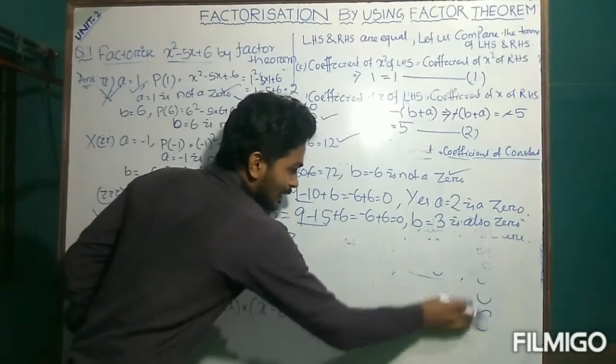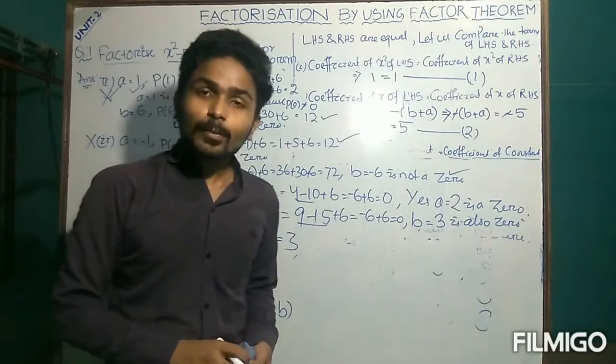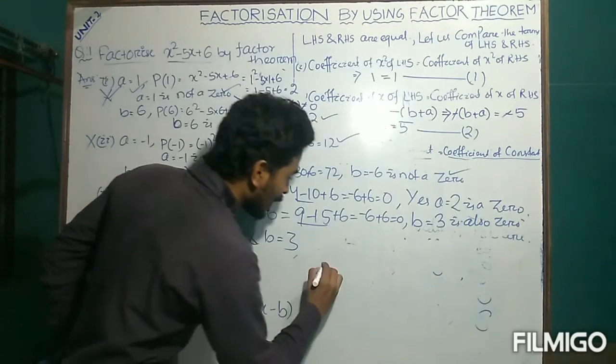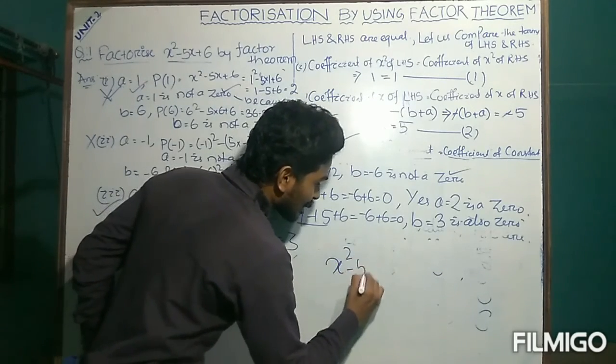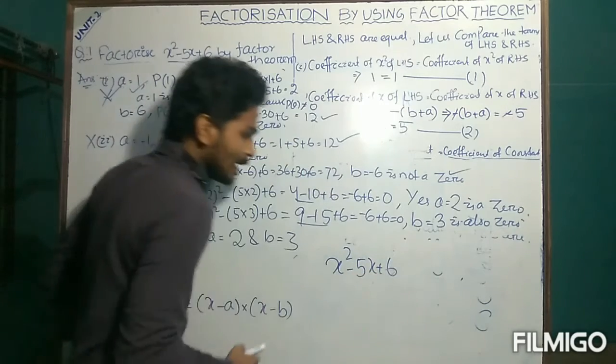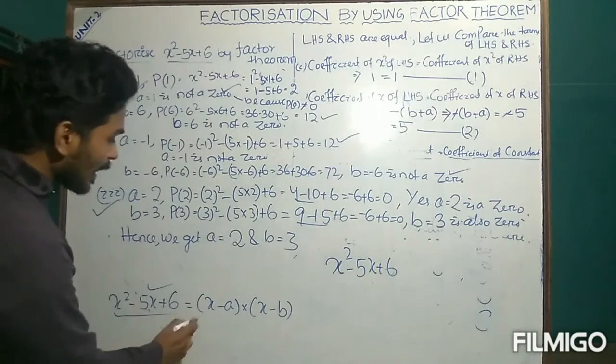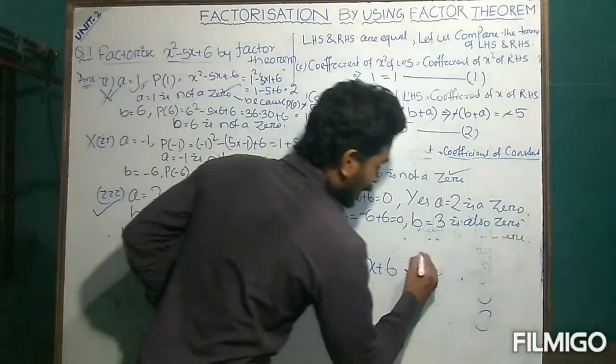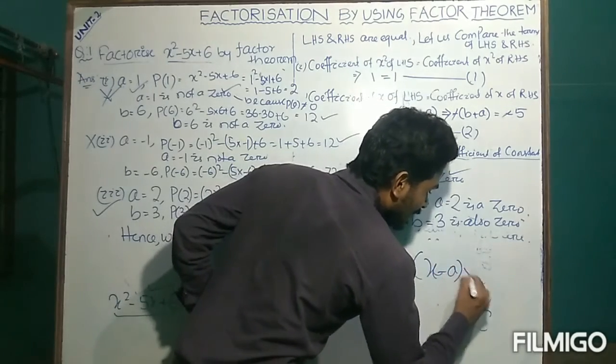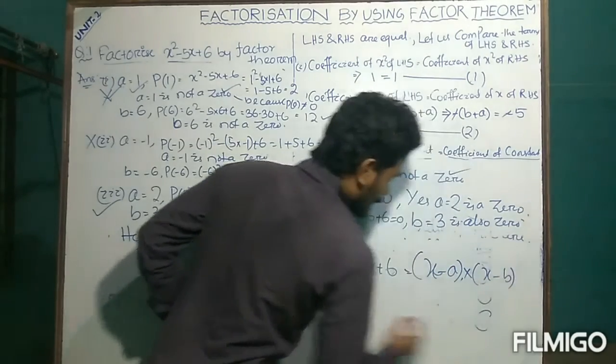Now our task is to factorize the quadratic polynomial. What is the quadratic polynomial? The quadratic polynomial is x square minus 5x plus 6. We write this quadratic polynomial as the product of x minus a into x minus b.